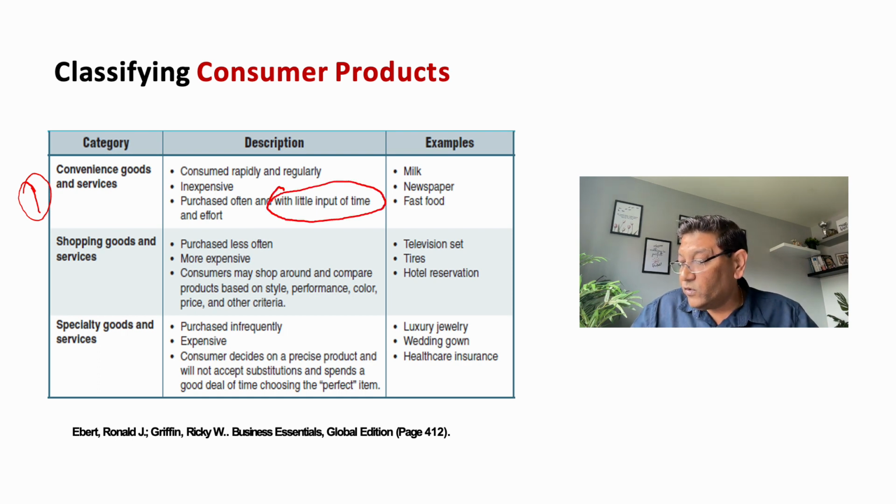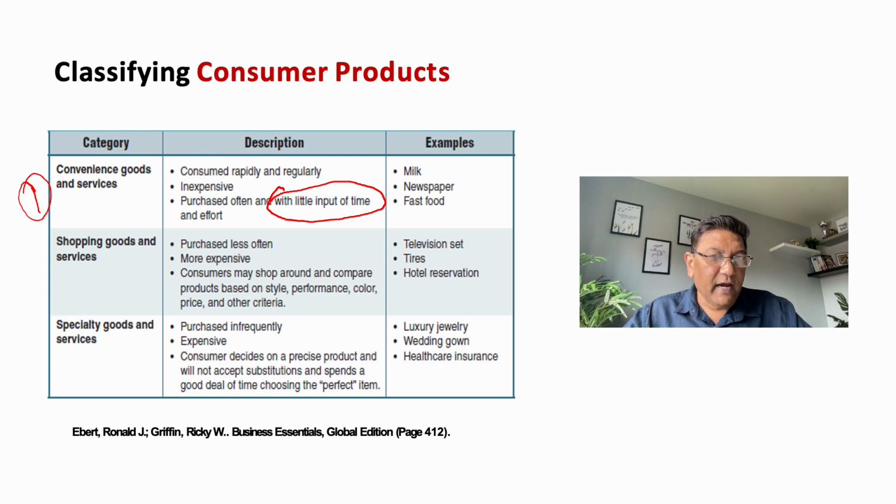So people don't want to put too much time and effort into buying milk, and that is why people prefer to buy milk, bread, newspaper, or any fast food from the nearest store, even if they have to pay a slightly higher price on those convenience items. That is why we call those corner stores convenience stores as well.